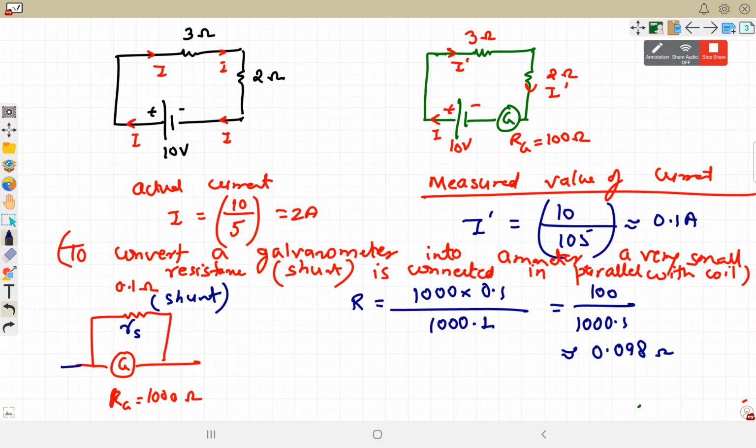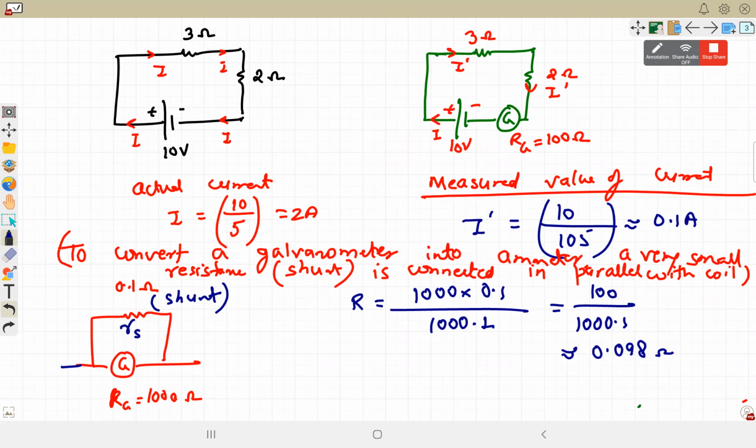अभी हमें ये भी प्रूव करना है that I should be directly proportional to Ig, क्योंकि हमें measure करना था I, but I के हिसाब से यहाँ पर डिफ्लेक्शन नहीं हो रहा है. Deflection is because of Ig. So we also need to prove that Ig is directly proportional to I. Ig into Rg. Right side से Ig into Rs को लेफ्ट में ले आते हैं is equal to I into Rs.